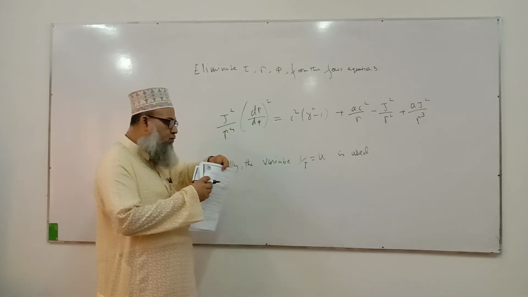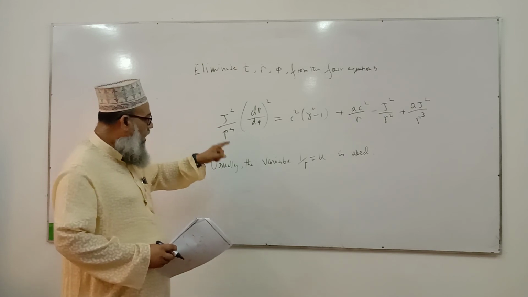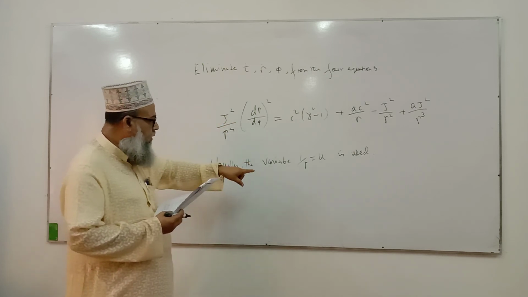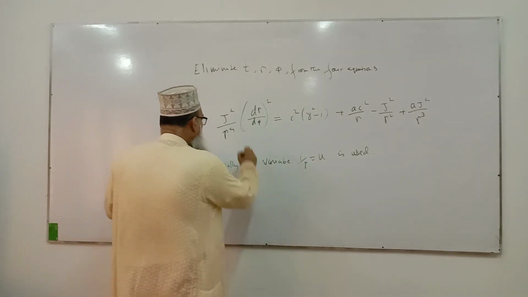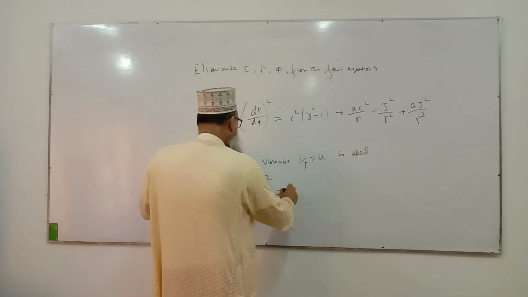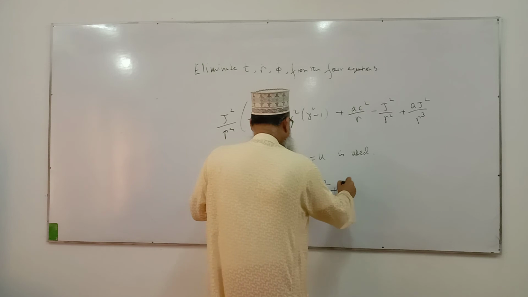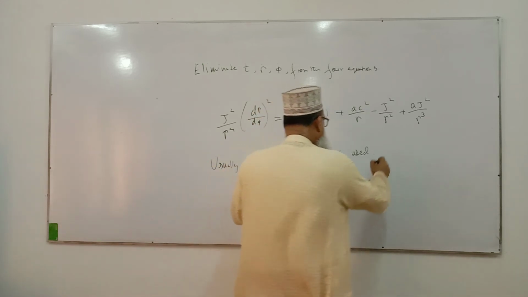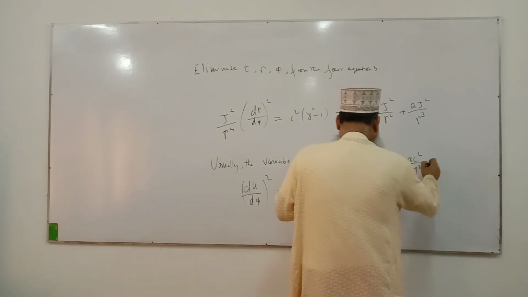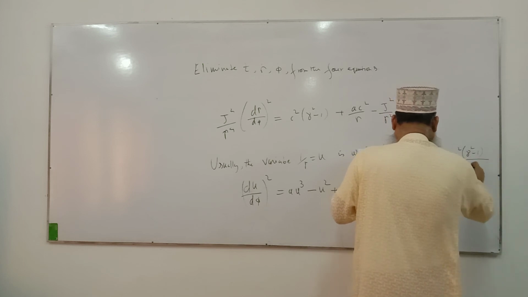When you change from the r variable to the 1 by r variable, that is the u variable, you get du by d phi whole square equals A u cubed minus u square plus alpha u plus beta, where alpha equals A c square by j square and beta equals (c square gamma square minus c square) by j square.